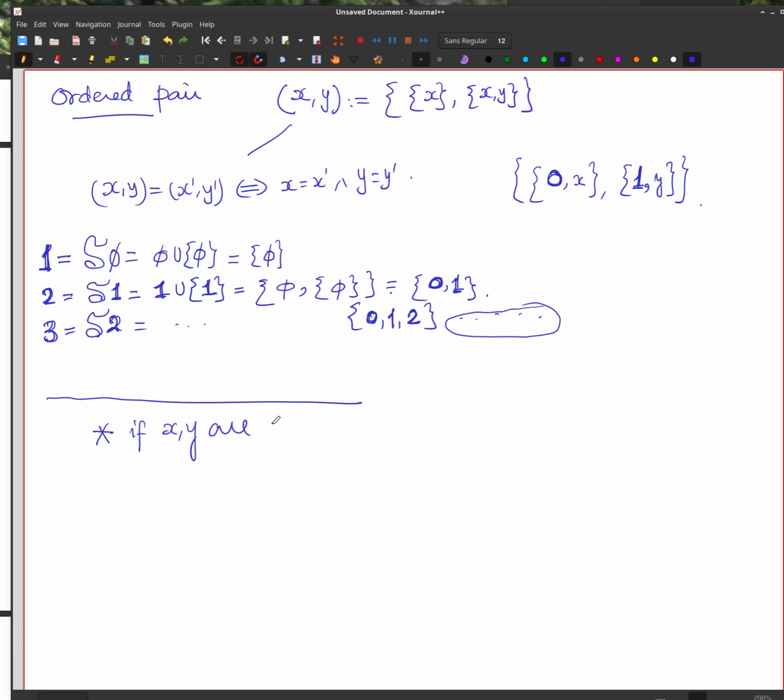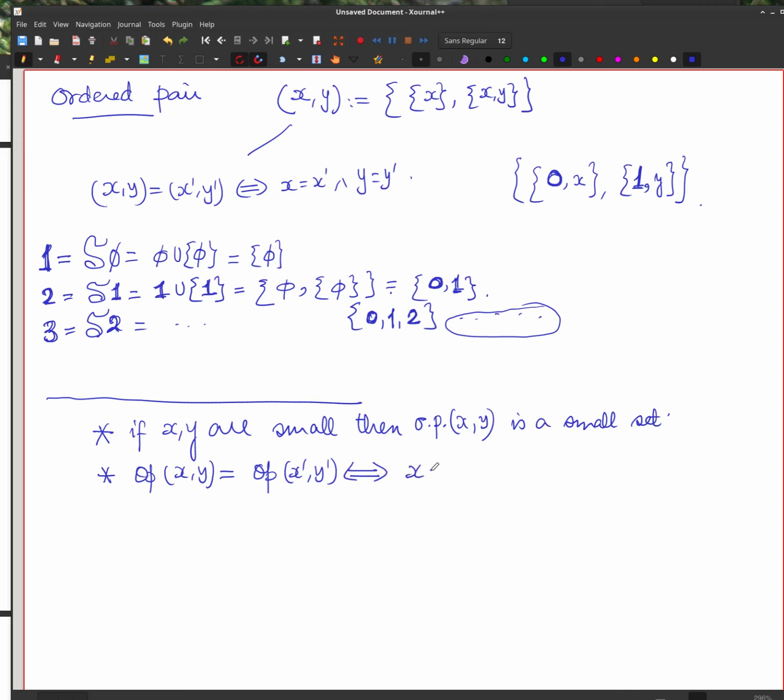The main ingredients for the notion of an ordered pair are, first, if x and y are small, then the ordered pair of xy, which is a set, is a small set. Second, the ordered pair of xy would be equal to the ordered pair of x prime y prime exactly when x is equal to x prime and y is equal to y prime.